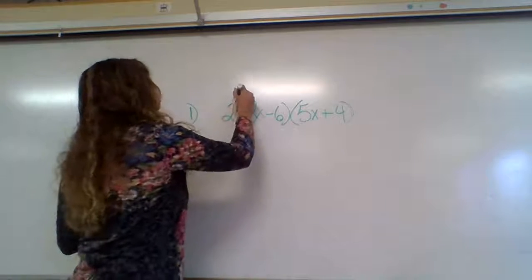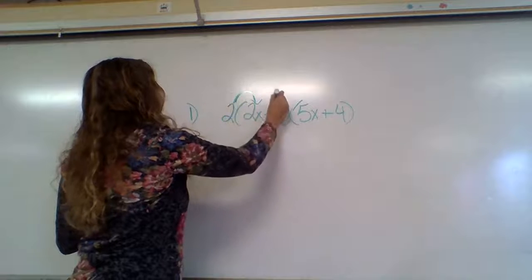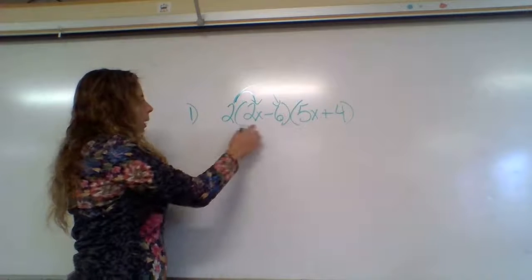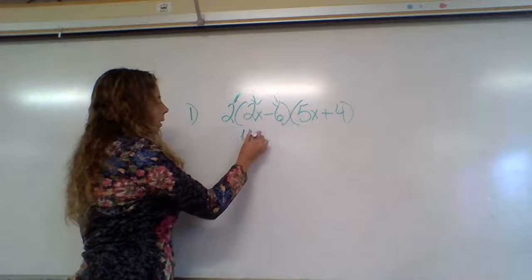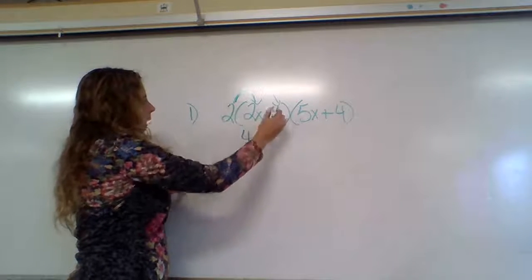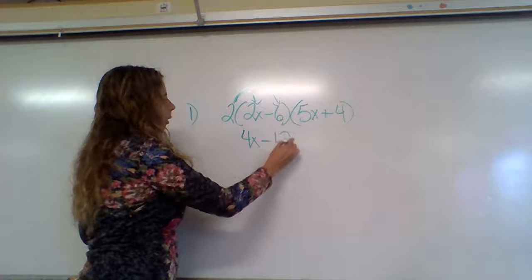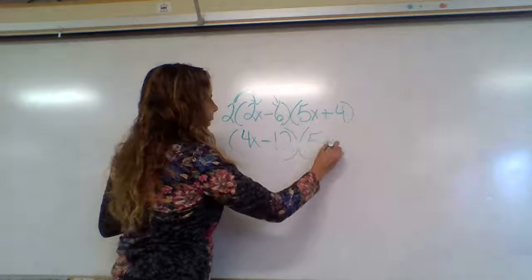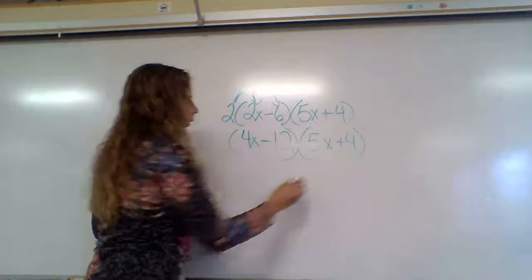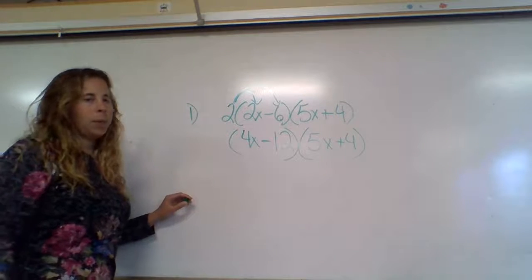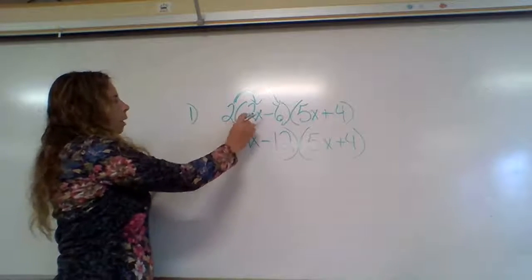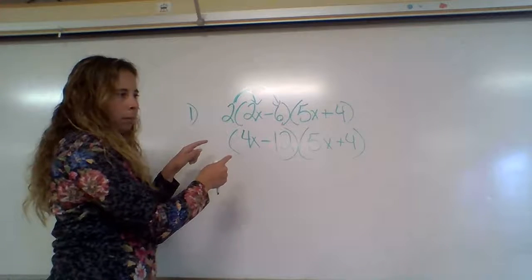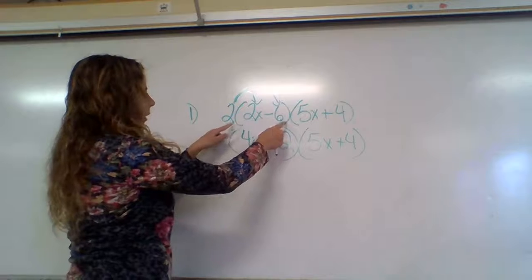So 2 times 2x is 4x. 2 times negative 6 is negative 12. And then we're going to multiply all of that by 5x plus 4. Step 1 was we just distributed the 2. Make sure if you do it that way, you only distribute it onto the first set of parentheses.